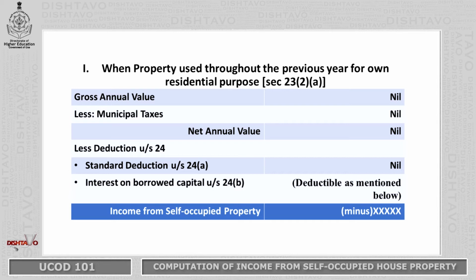Under section 24, out of 2 deductions, section 24a, standard deduction, since we calculate it as a percentage of net annual value, is nil, and the only deduction allowed from self-occupied property is interest on borrowed capital under section 24b. So when you deduct something from 0, your answer is always minus. So income from self-occupied property is always negative.